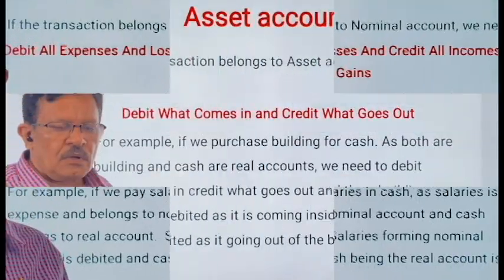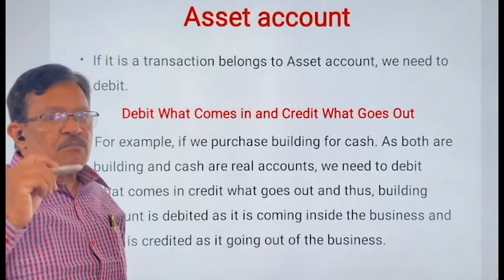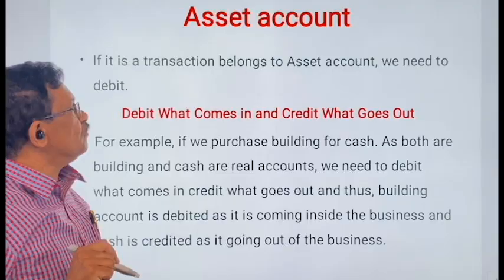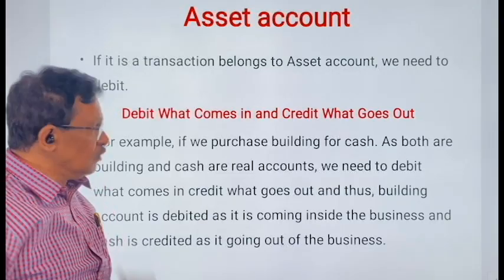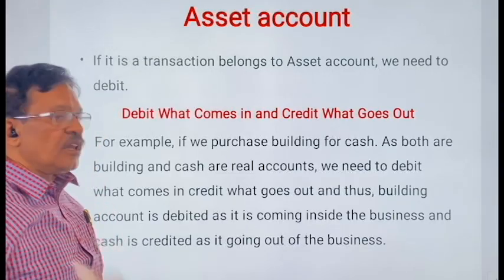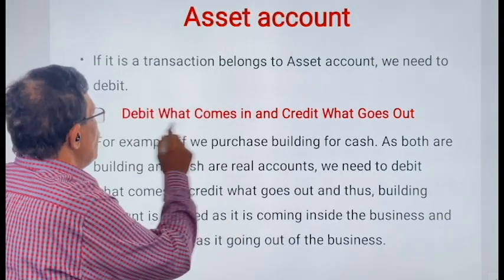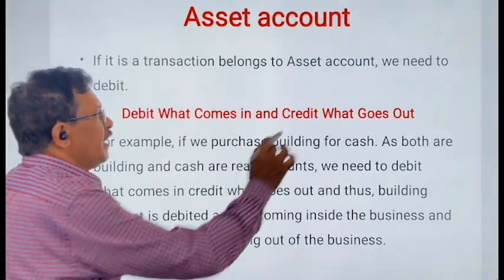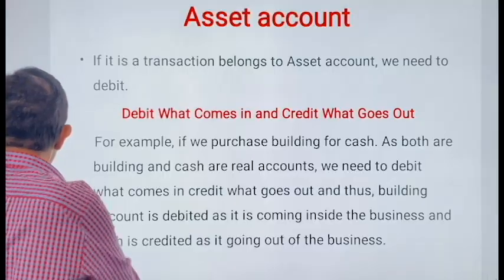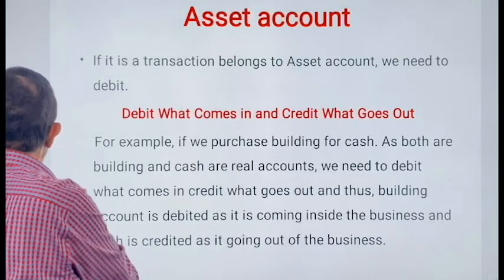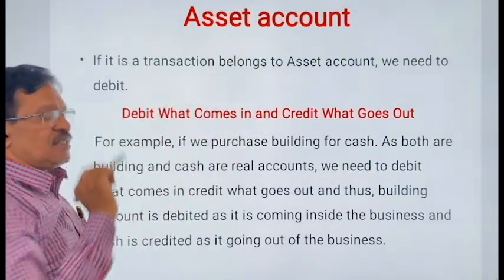When the transaction belongs to the asset account or real account, we need to debit what comes in and credit what goes out. This is the rule relating to the real account or the asset account.